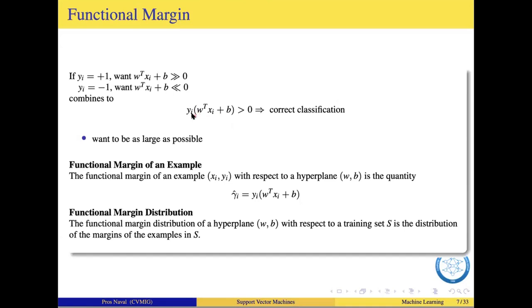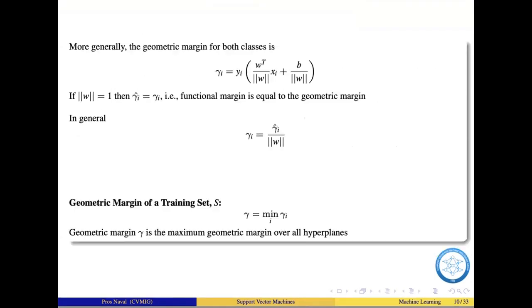This is our equation for the geometric margin, this one. So what is the difference? The difference is that this first term here has a norm in the denominator, and the same here. So the same as before, except that here we have the norm of W in the denominator.